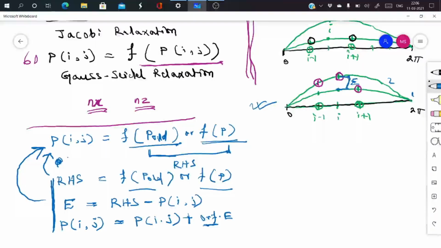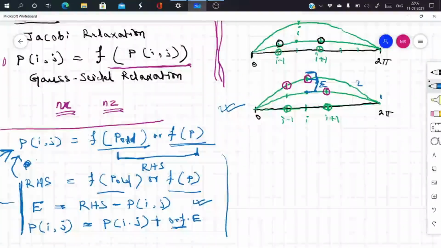Now if I deliberately increase this change a little further, then I can achieve the solution faster. So that is what we are doing here.